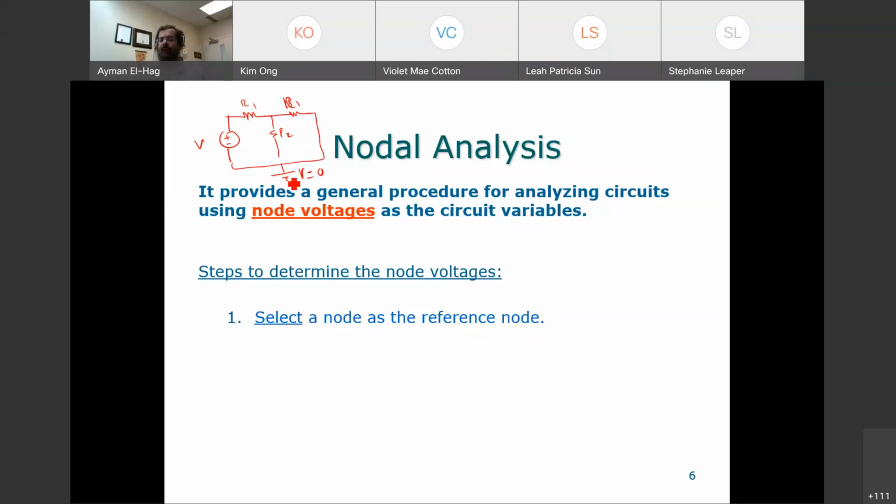So we know the voltage, and we assign its value, and everything else we calculate is with respect to that reference. Now, when we assign a voltage to one of the nodes, it means that we already know one of the nodal voltages, and this will reduce the needed number of equations. So select a reference, and assign a voltage equal to 0 to that reference.